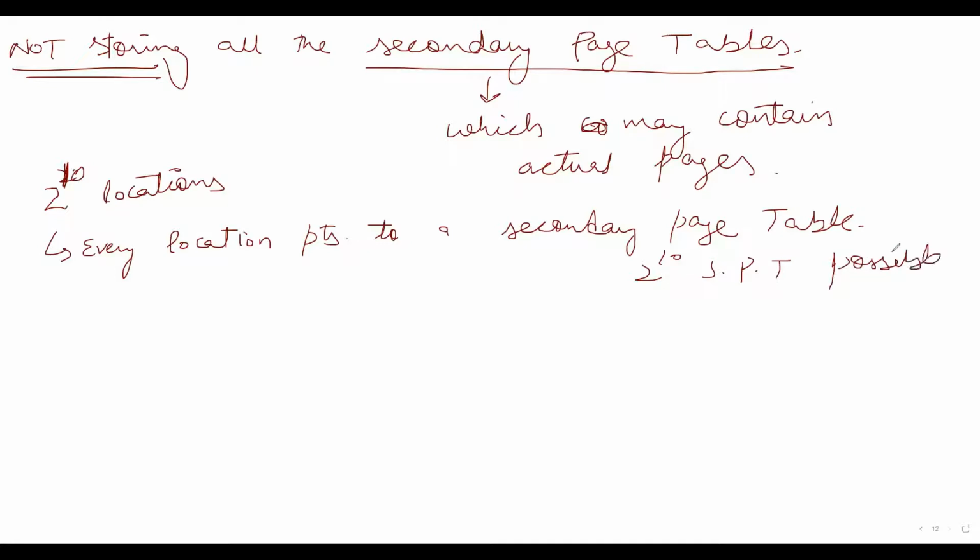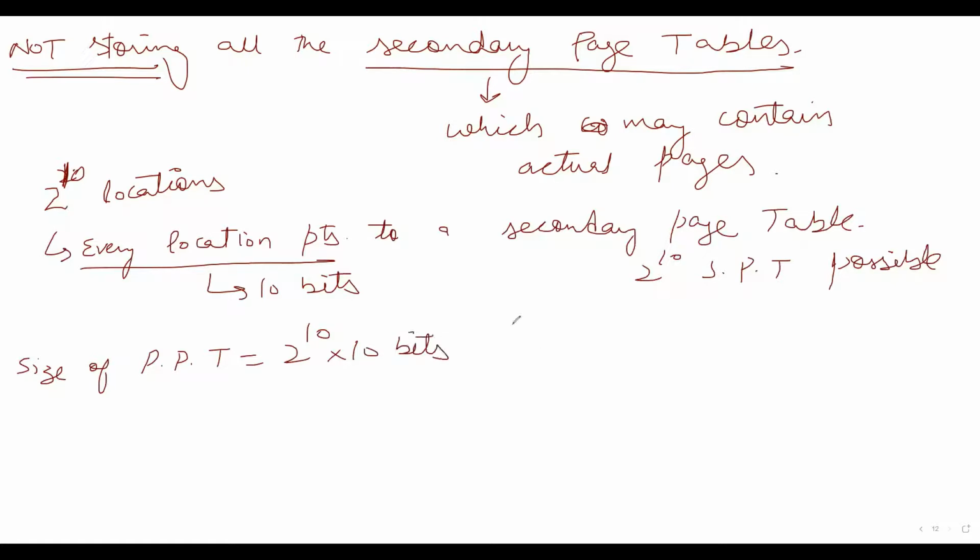So every location has to store 10 bits. So what is the size of the primary page table? The size of the primary page table will be 2 raised to the power 10 into 10 bits. Okay, and this will be equal to 10 kilobits or 1.25 kilobytes.